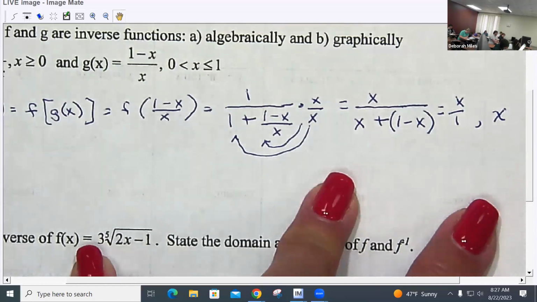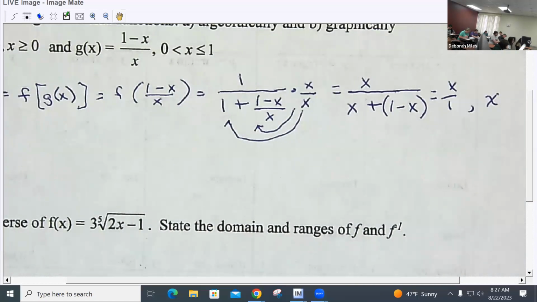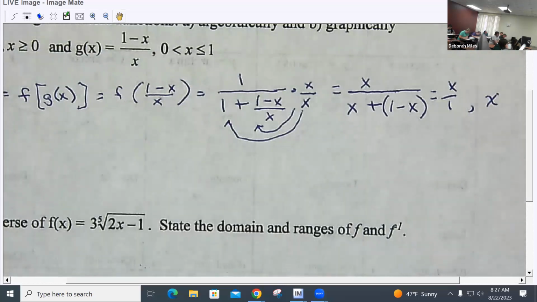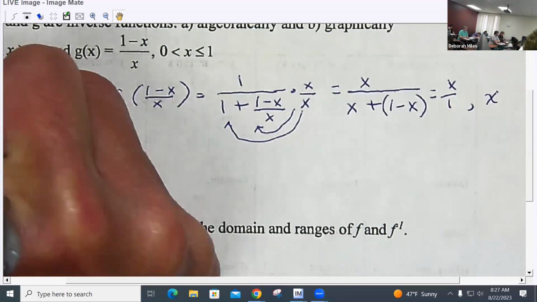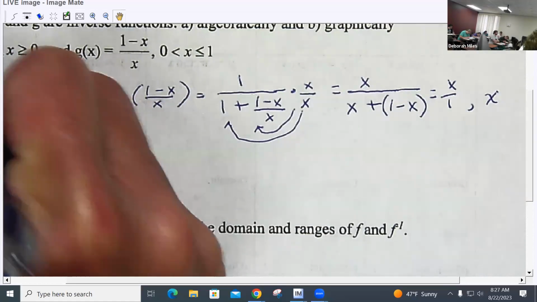And we've only half proven that those two functions are inverses of each other. What else do we have to do to prove they're inverse? Plug it in. The other composite function, find g circle f of x.